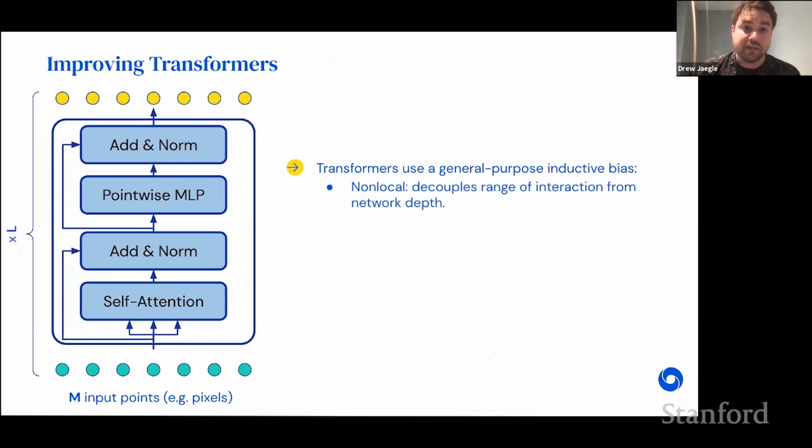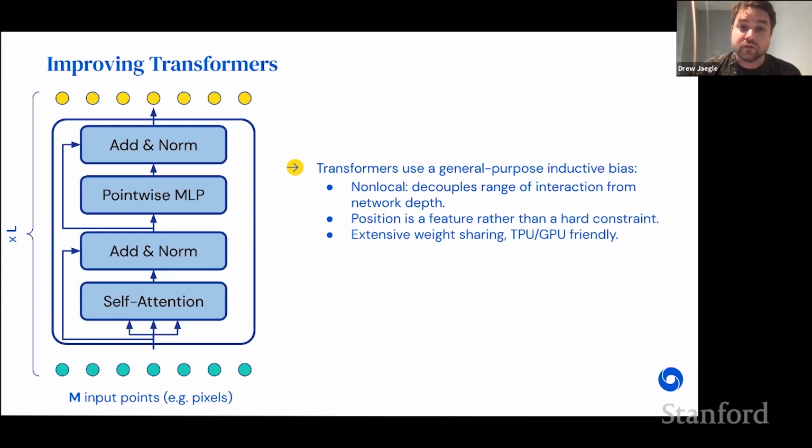Rather, they tend to be global in terms of the attentional focus that they have. They use position as a feature rather than a hard constraint of the architecture, and this is in contrast to MLP-based architectures or convnets in the way that they typically work, which use position as an architectural component to constrain how compute is happening.